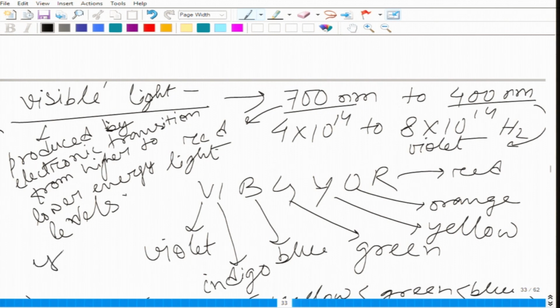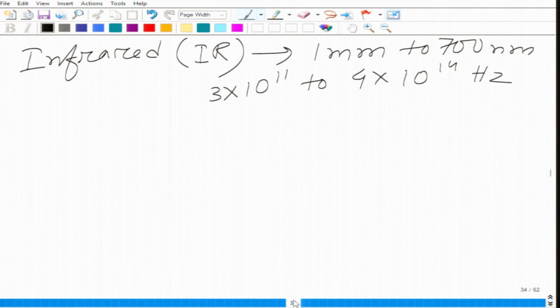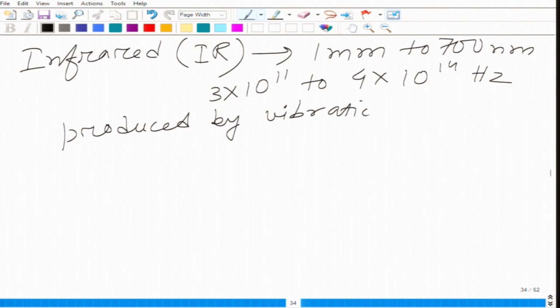It is detected by eyes and photocells. So infrared is produced by vibrations of atoms and molecules.